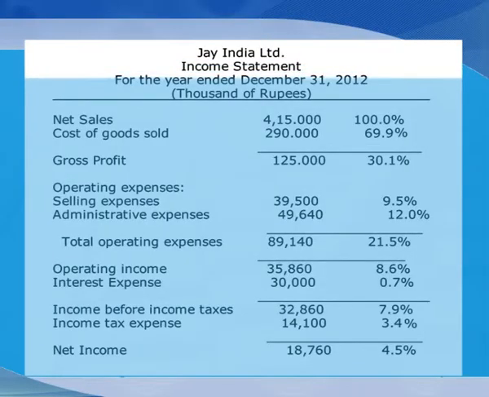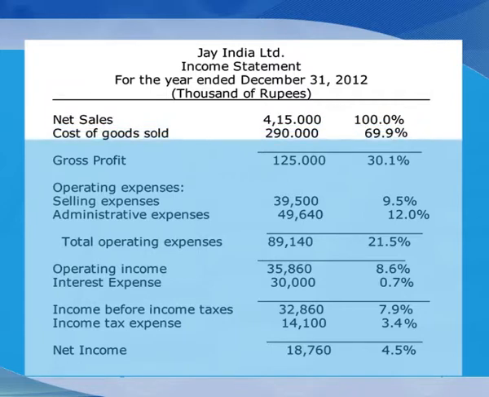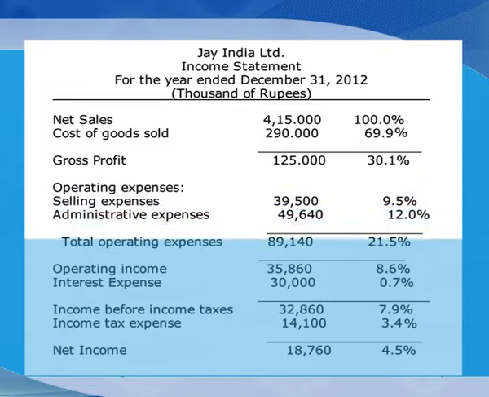J India Limited income statement for the year ended December 31st, 2012. In thousands of rupees. Net sales 4,15,000, 100%. Cost of goods sold 2,90,000, 69.9%. Gross profit 1,25,000, which is 30.1%. Operating expenses, selling expenses 39,500, 9.5%. Administrative expenses 49,640, 12%.